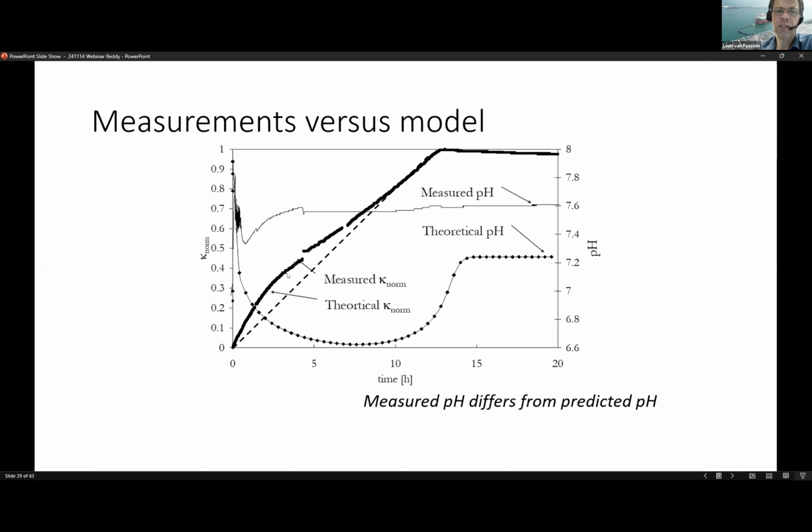During the measurements, I slightly increase the electrical conductivity a little bit faster than in theory. But in terms of pH, I'm almost one order of magnitude off from the actual proton concentration in the solution.